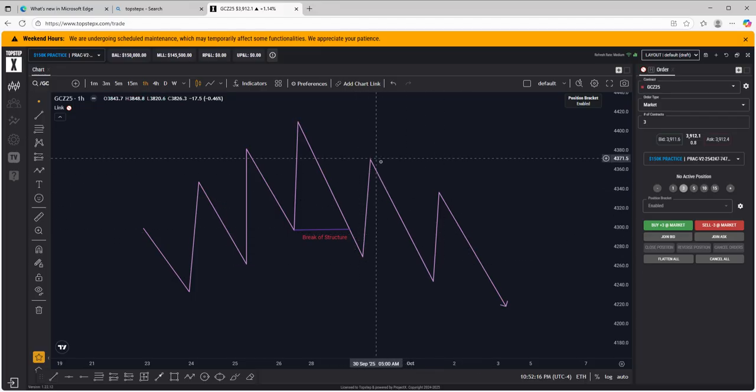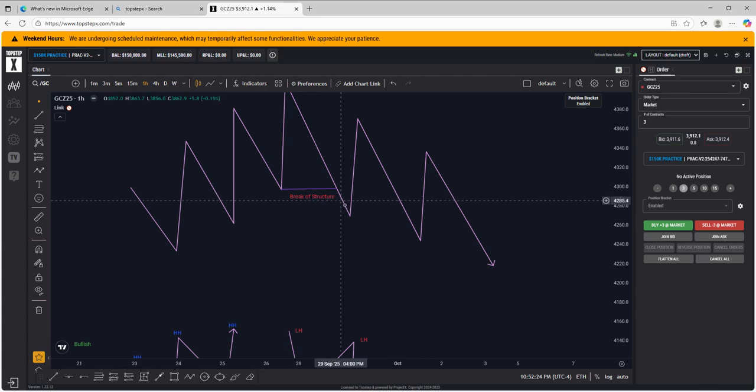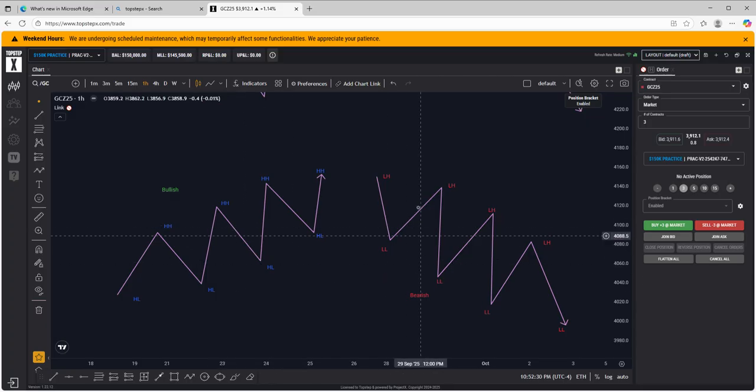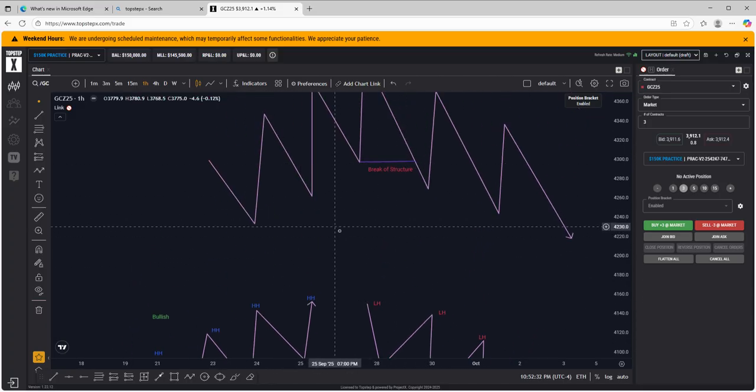Now we're going to create a lower high and a lower low and a lower high and a lower low. So this break of structure is what causes the trend to turn from a bullish trend to a bearish trend or vice versa.